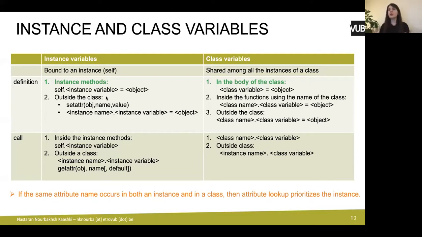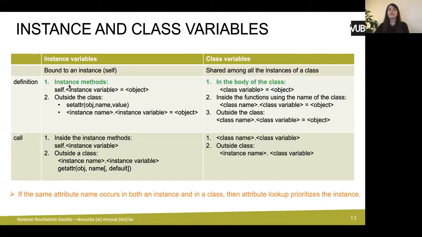And you may also use them wrongly, and it will create some bugs and some unwanted behavior for your program. So you should know all. But I really recommend you not to use the other ways to create instance variables and class variables. Just stick with the first methods that I mentioned in this table for both of them.